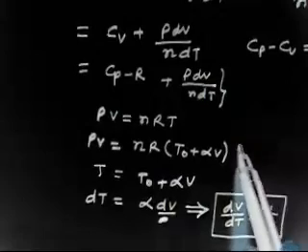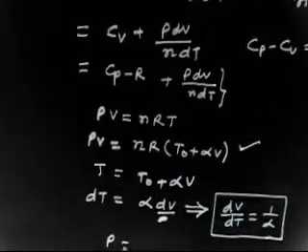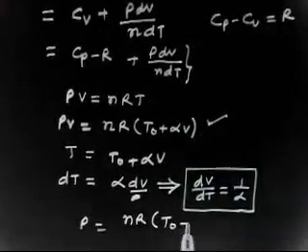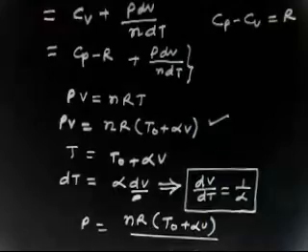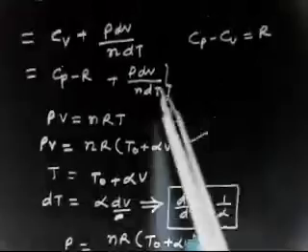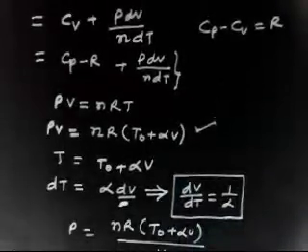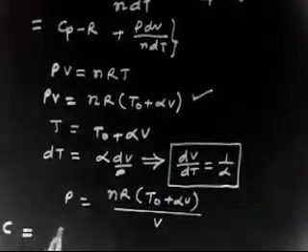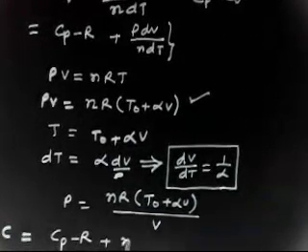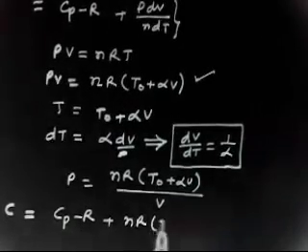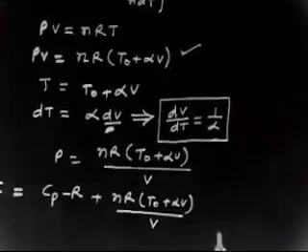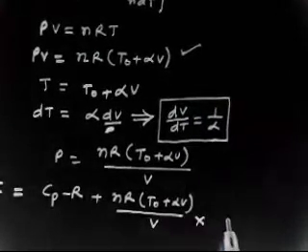And pressure I can get from this equation. So pressure is nR times T naught plus alpha V divided by V. Now you have to plug all these things into this equation. So C will be Cp minus R plus P dV, where P is this, nR T naught plus alpha V divided by V, into dV by dT, which is 1 by alpha.